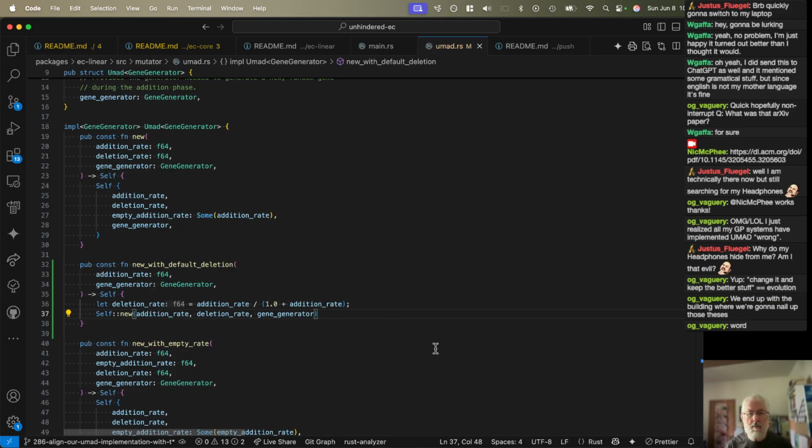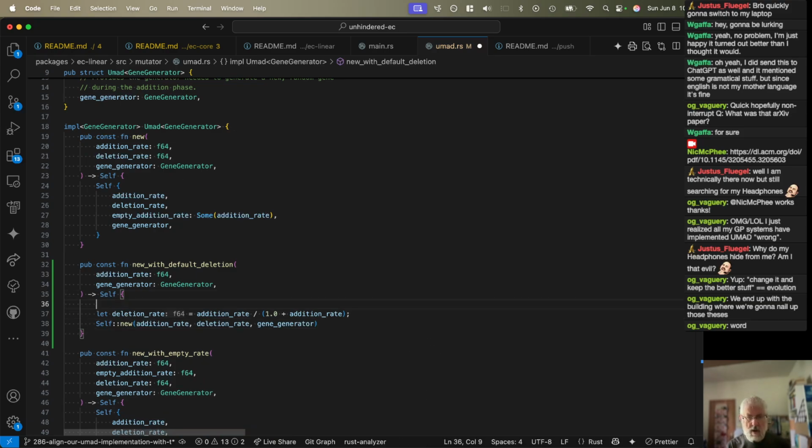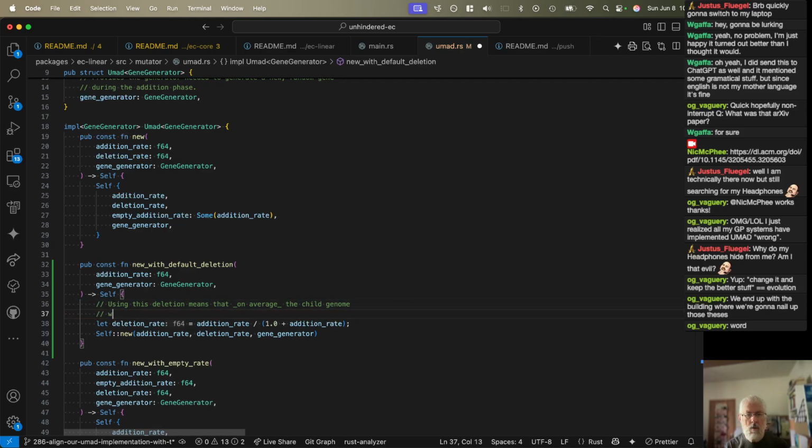So, and that way I can document, using this deletion rate means that on average, the child genome will have the same length as the parent genome.